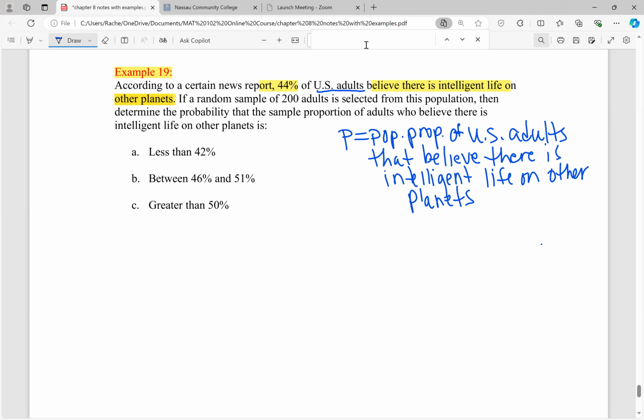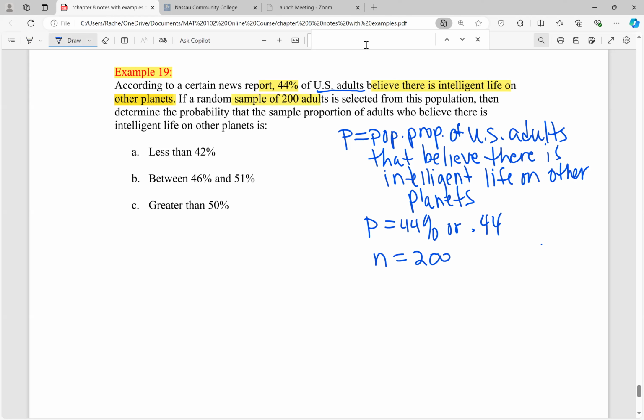So that's what P stands for in words in this case. And we're being told that P is equal to 44% or 0.44, right? Now we're going to take a random sample of 200 adults. So we're going to grab N equals 200.